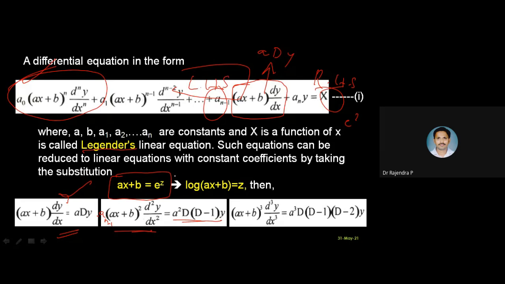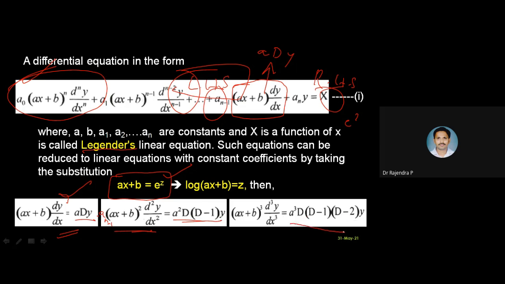While substituting, I am going to get these results: in place of ax plus b into dy by dx is equal to a D y. If it is ax plus b whole square d square y by dx square, I am going to get a square D into D minus 1 into y. If it is ax plus b whole cube d cube y by dx cube, the third term, then a cube D into D minus 1 into D minus 2 into y.